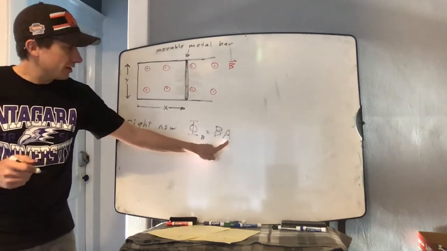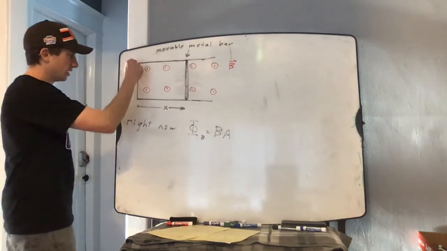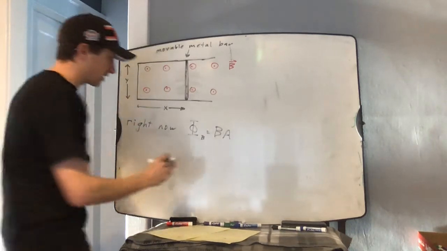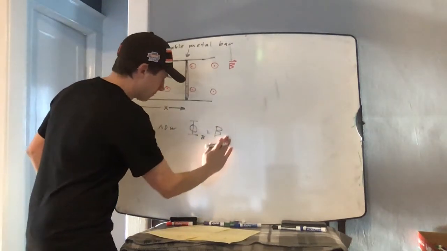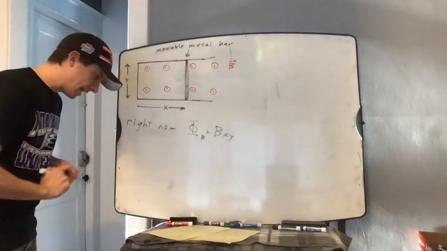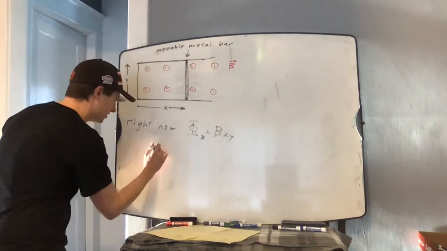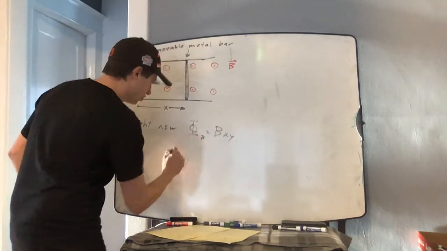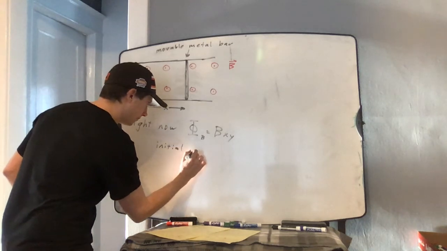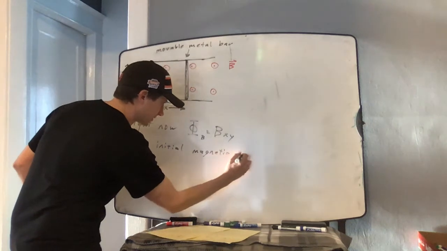Now, the area of the loop that we're considering is just length times height, so that'd be x times y. So I could write that magnetic flux BA becoming B times x times y. And I'm going to call this my initial flux. So this is phi B initial, the initial magnetic flux.